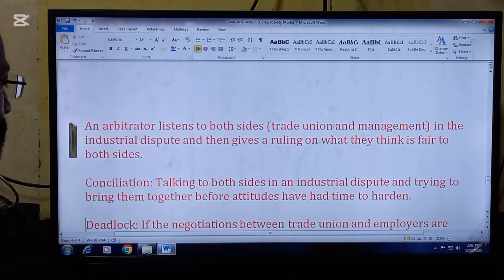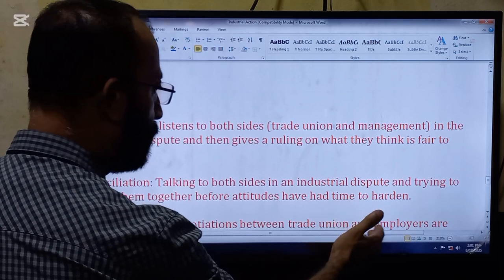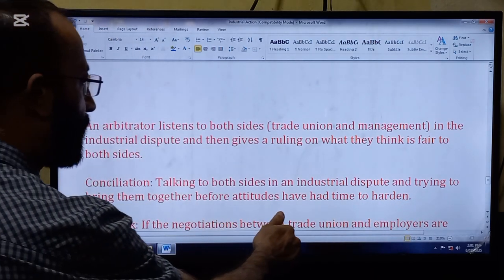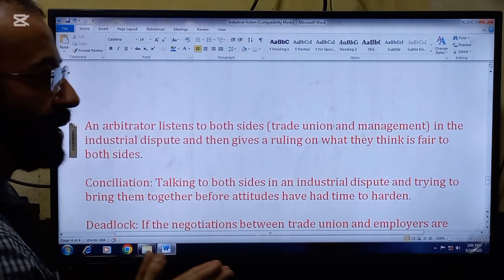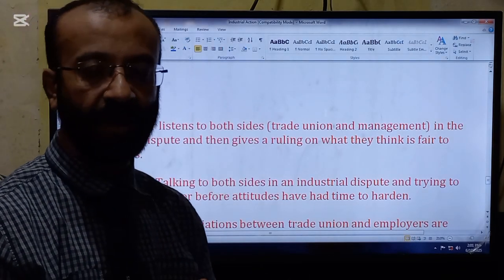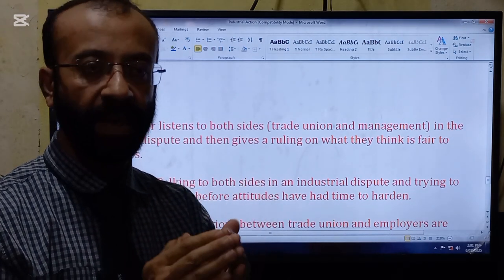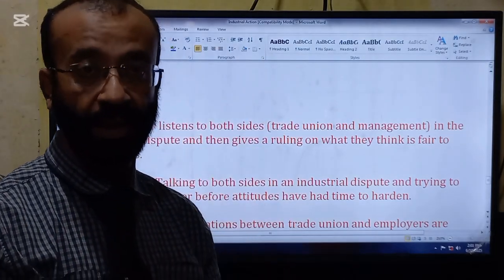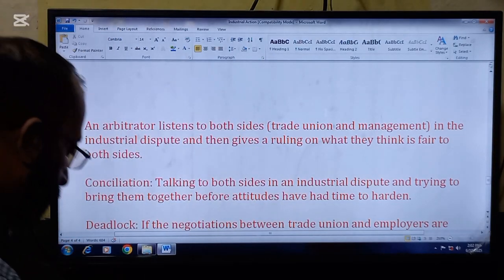Next is conciliation: talking to both sides in an industrial dispute and trying to bring them together before attitudes have had time to harden. So the matter is solved before going on industrial action. This kind of situation is called conciliation.